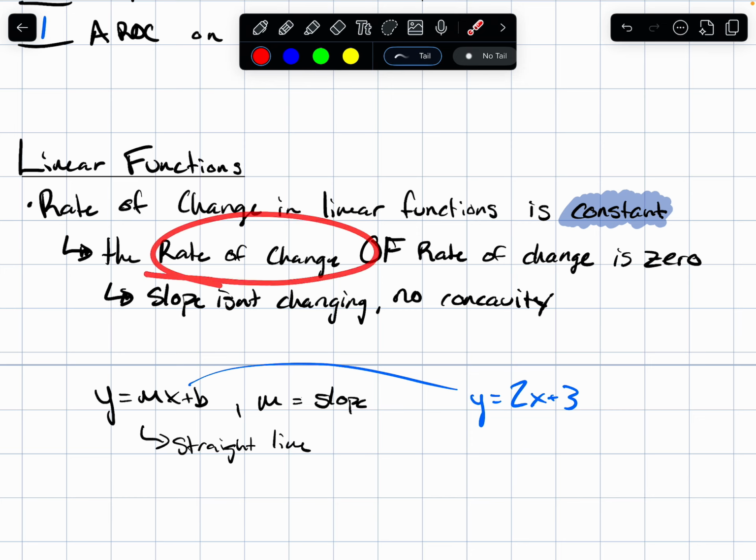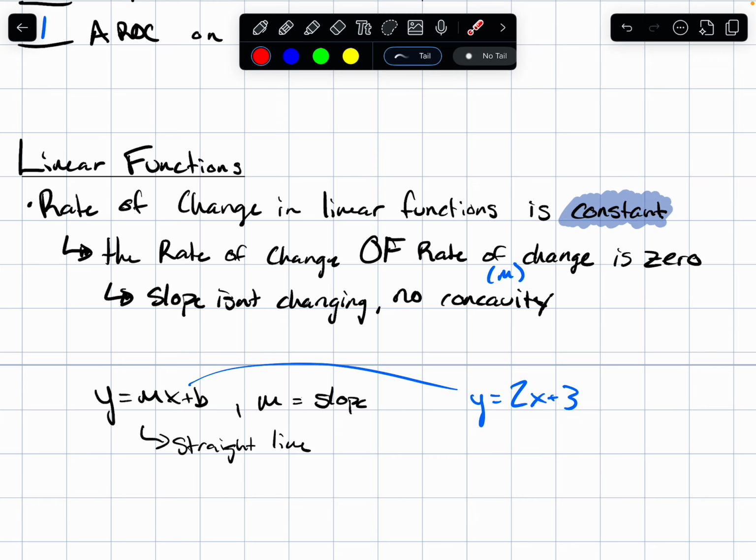So how the change changes, which is going to start to get a little bit confusing. We're looking at this m value. It doesn't change ever. We're looking at the rate of change of it. It doesn't change. It's always 2. So the rate of change of the rate of change, so of m, is 0 because it never changes.